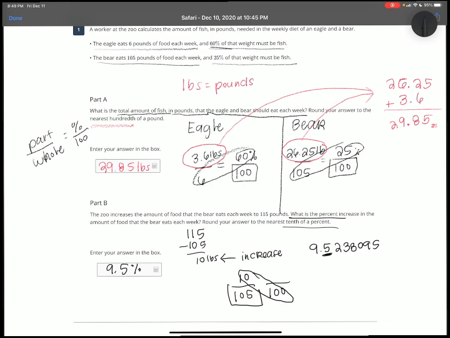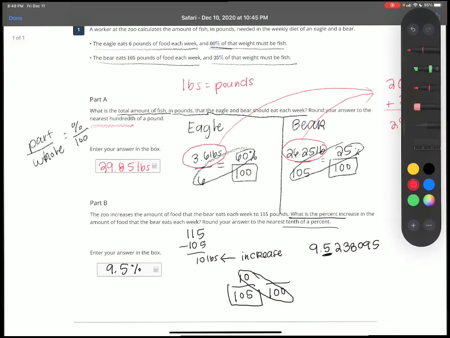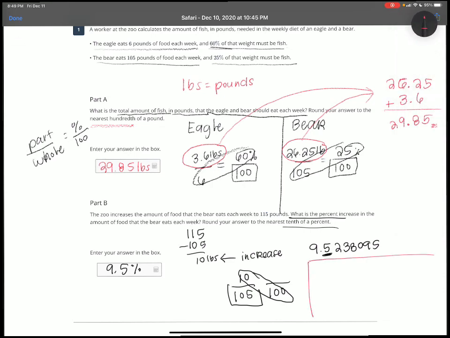Okay. Here's a different method. You could say the original amount was 105, and then they increased it to 115. We are missing the percent. I will cross multiply and divide by the number in the box. Like I said, I'm using my calculator at home. So let me double check again.